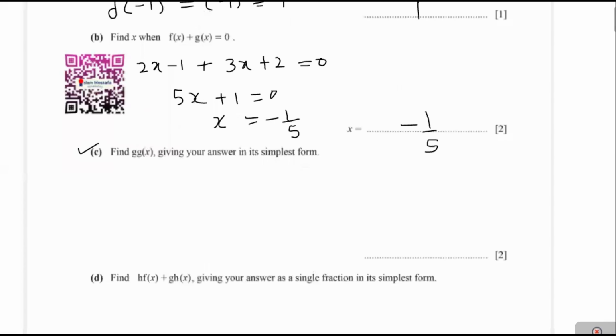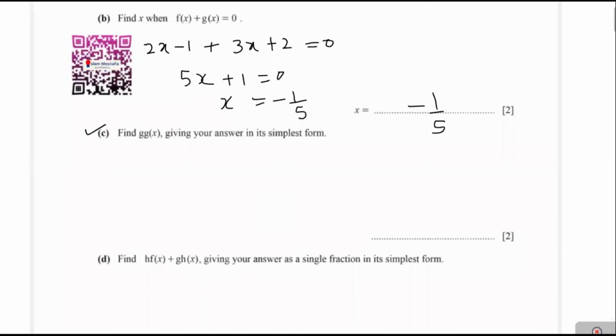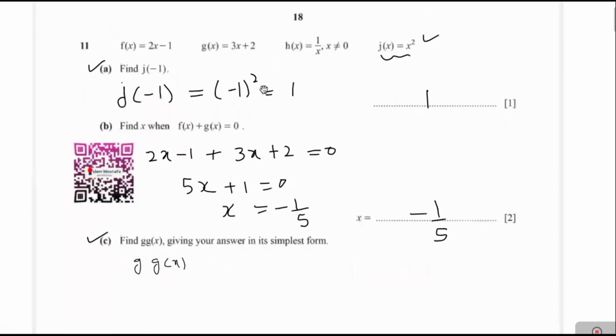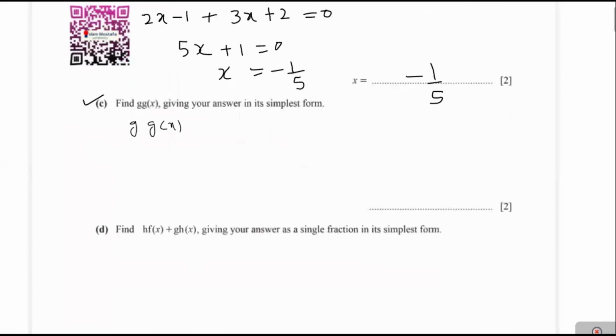Now we can write it as g of f of x. Now you see here g of x equal to 3x plus 2. Now firstly, g of x equal to 3x plus 2. Now we write it as g of 2x minus 1. Now we put the value 2x minus 1 in this equation.